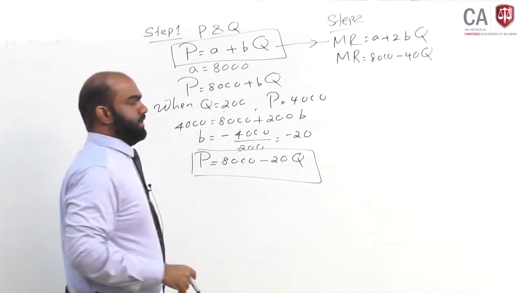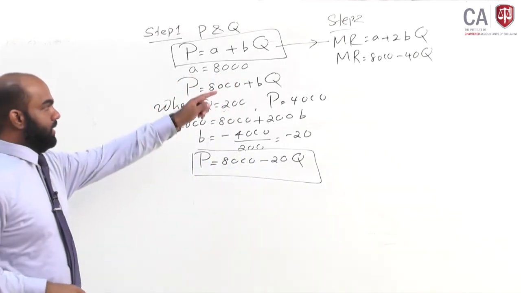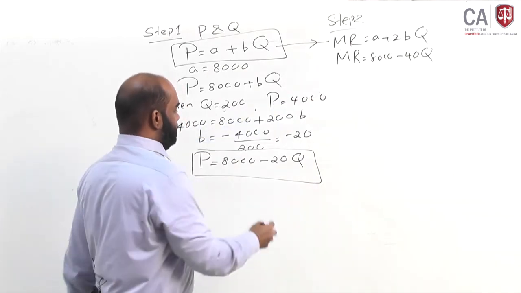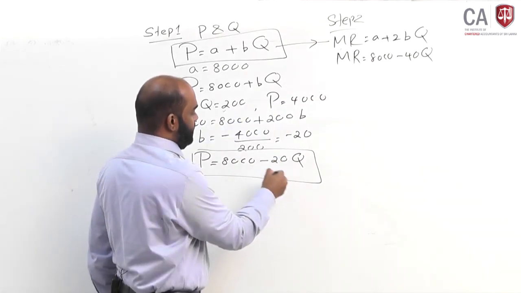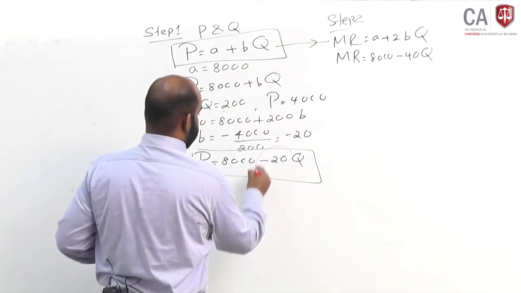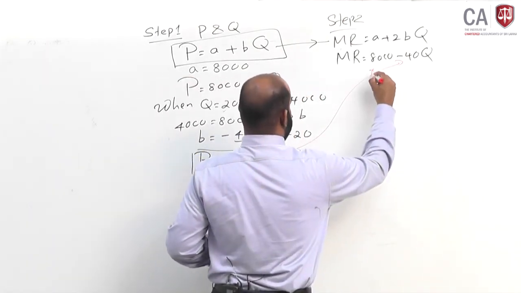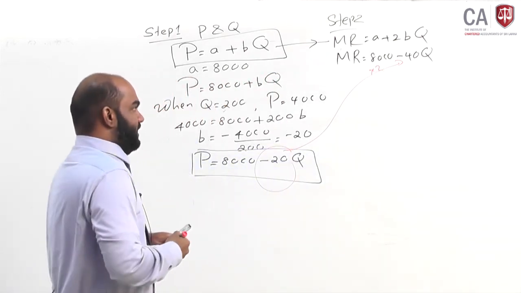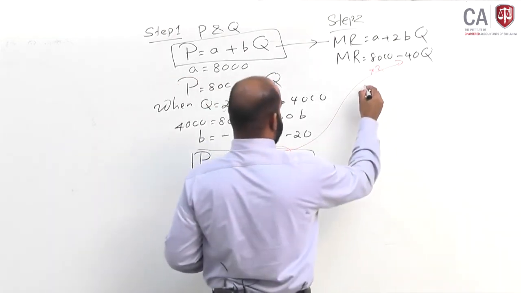That is MR, marginal revenue. 8000, so 2B. So you have to multiply this by 2. Basically you take this minus 20 multiplied by 2.